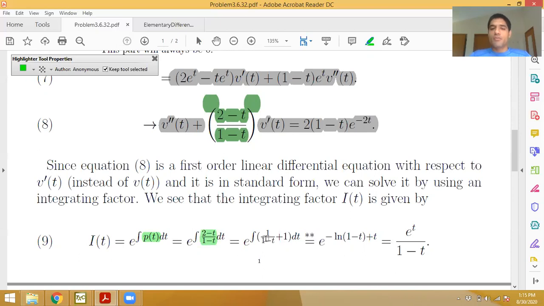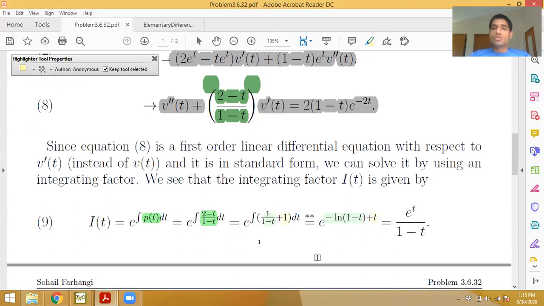I see that the first term integrates to negative natural log of 1 minus t, and the second term integrates to just t. And I put the little stars on the equation because normally an indefinite integral has a constant of integration. I chose that constant to be 0 for convenience, as we normally do with our integrating factors.